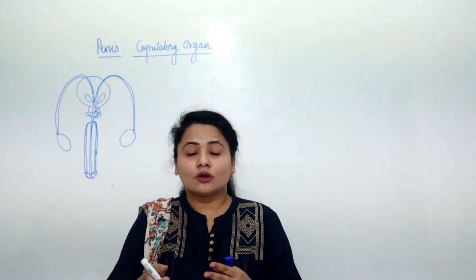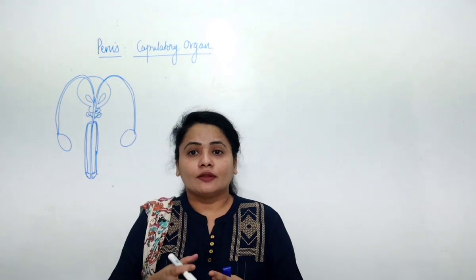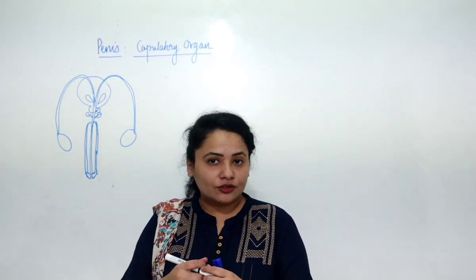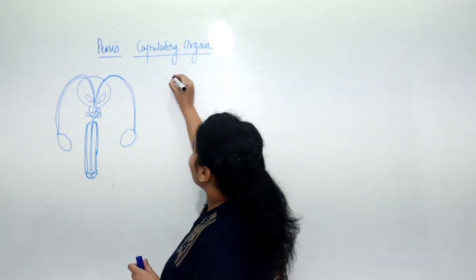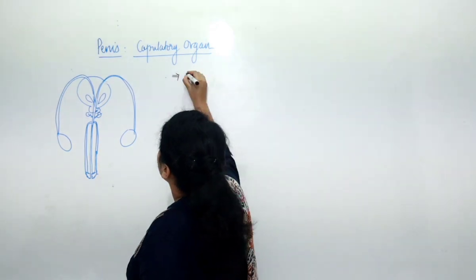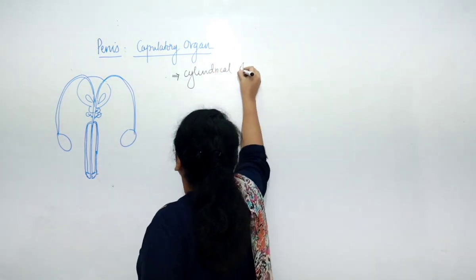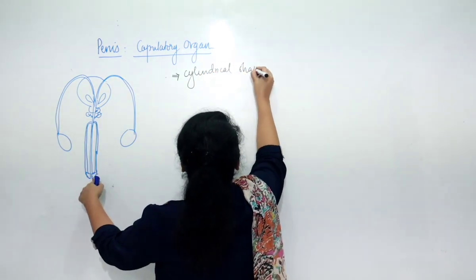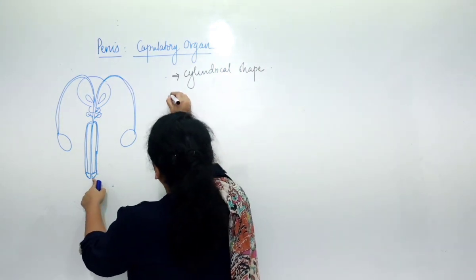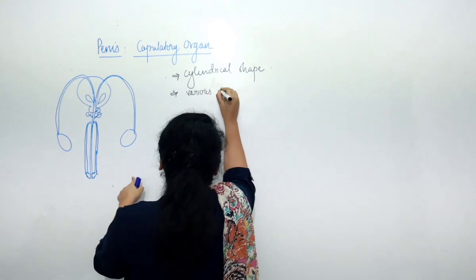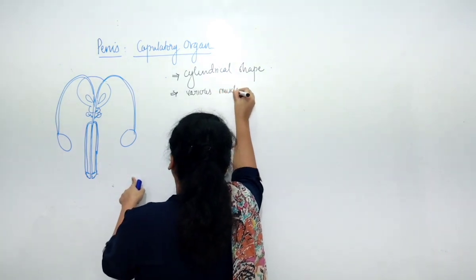Now, the ejaculatory duct opens into which structure? The penis. Now what is the penis? We know that it is a copulatory organ, and this copulatory organ is cylindrical in shape. It is made up of various muscles inside.